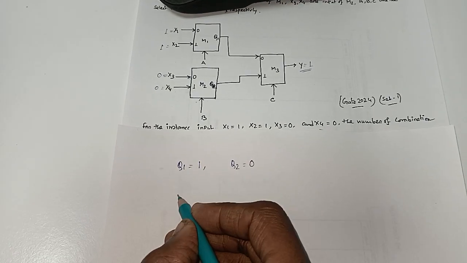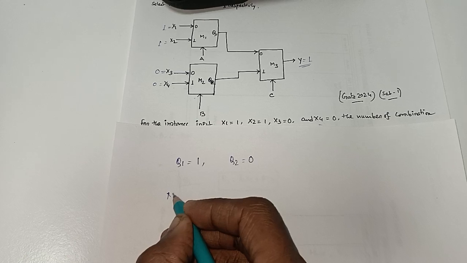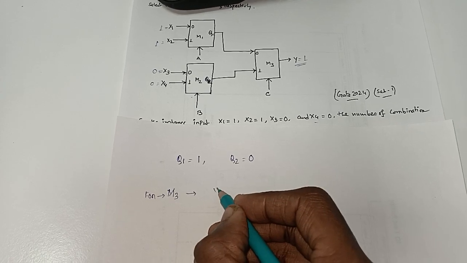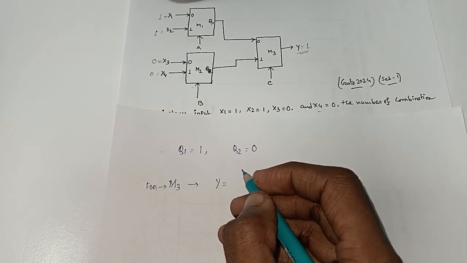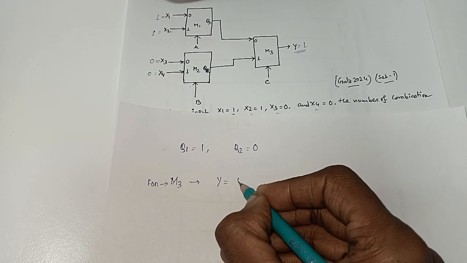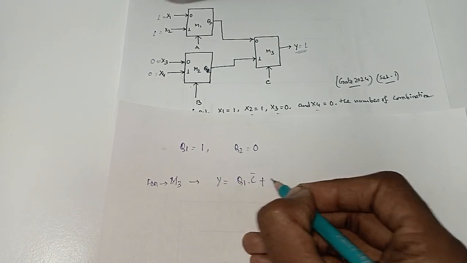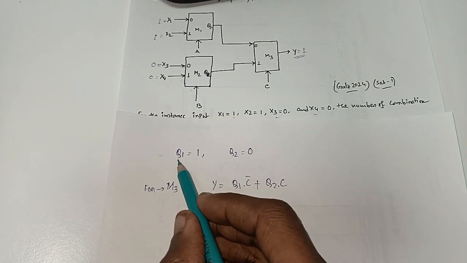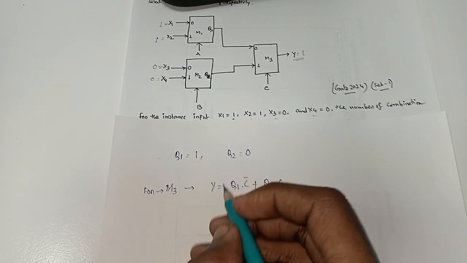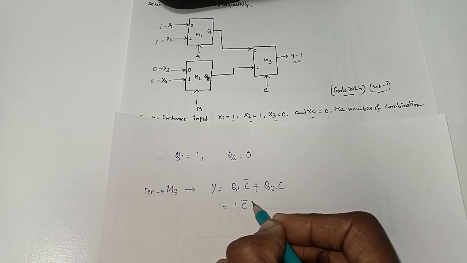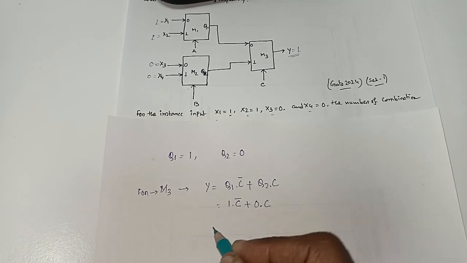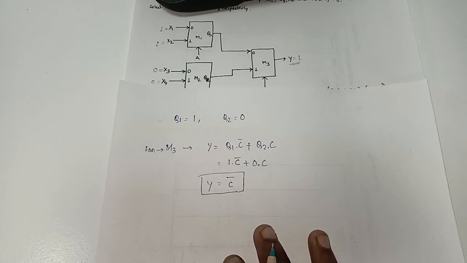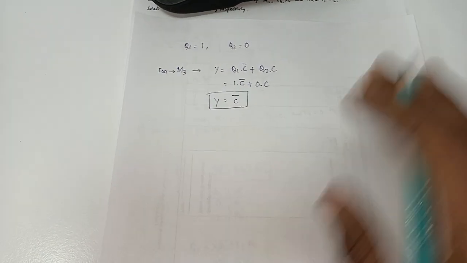Based on the select line, for multiplexer 3 the output equation is y equals q1 c bar plus q2 c. From multiplexers 1 and 2 we get q1 equal to 1, so 1 into c bar plus 0 into c, so we get c bar. So y is equal to c bar. This is the final output.